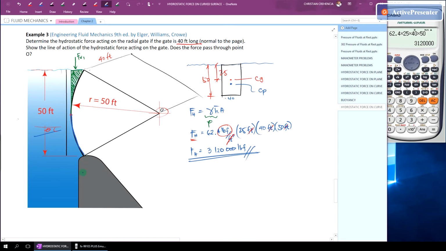So ang gagawin natin is ipaproject pa rin natin to pataas. Okay, so from this point, kung ipaproject pa rin natin, meron tayong imaginary volume of water above. Imaginary siya dahil wala naman tubig above nitong part na to, pero yun pa rin yung consider natin, no? Okay, so that is just an imaginary volume of water.